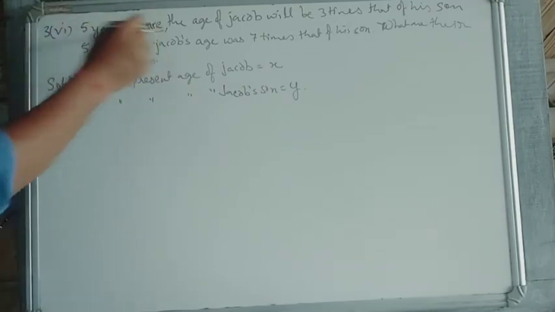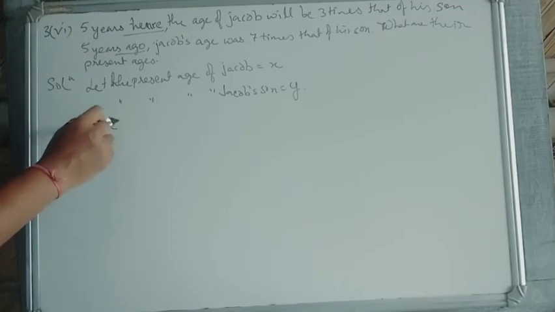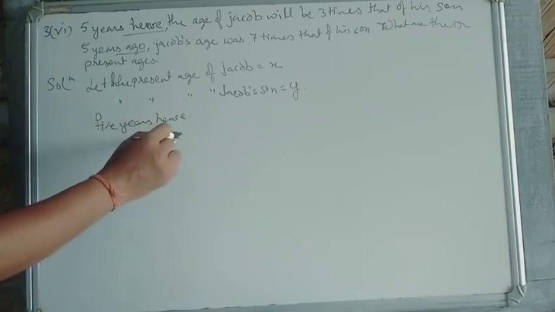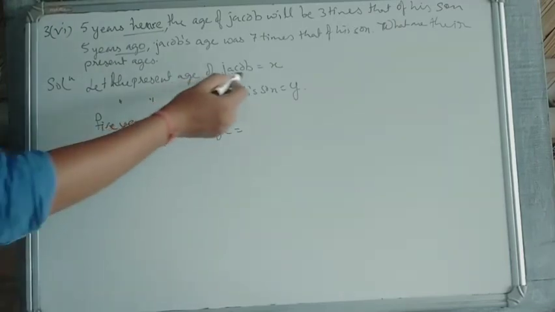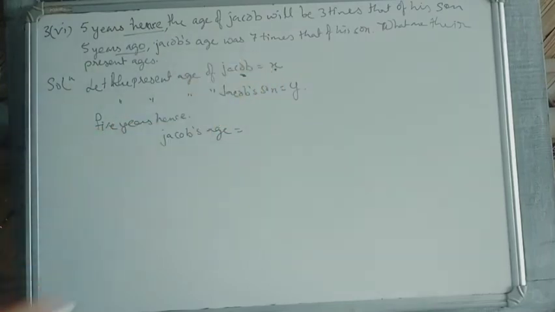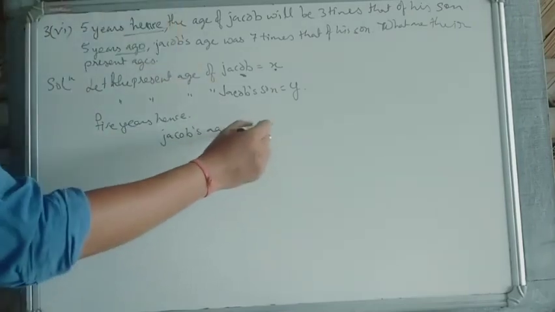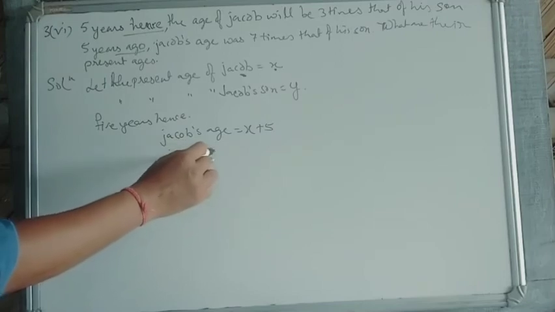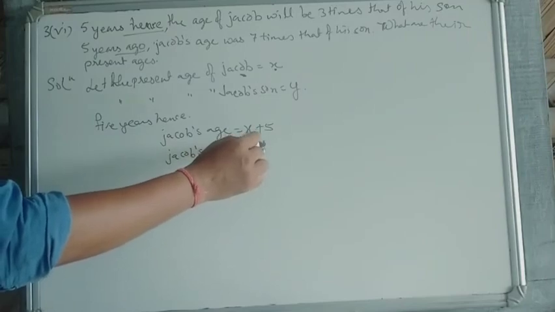Now one thing is 5 years hence and 5 years ago. Two conditions are given. So 5 years hence, Jacob's age: if it is x now, in 5 years future it will become x plus 5. Jacob's son's age will become y plus 5.